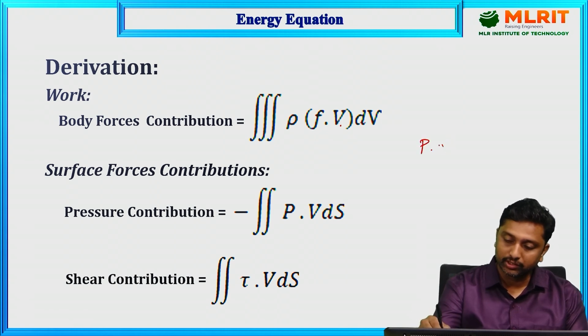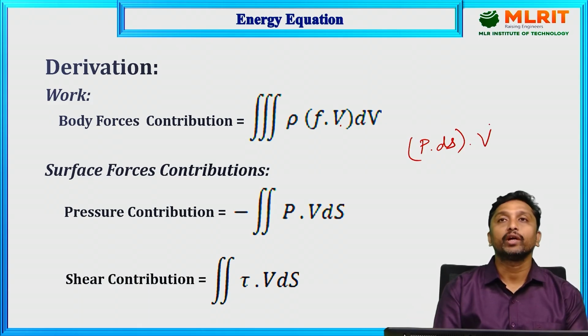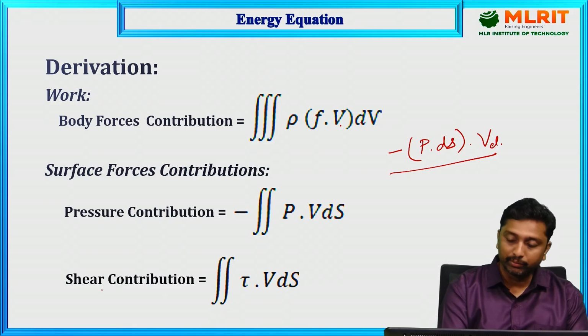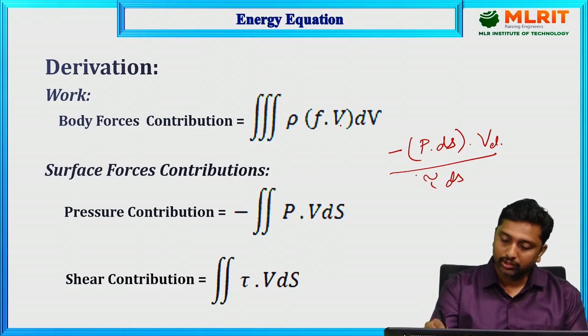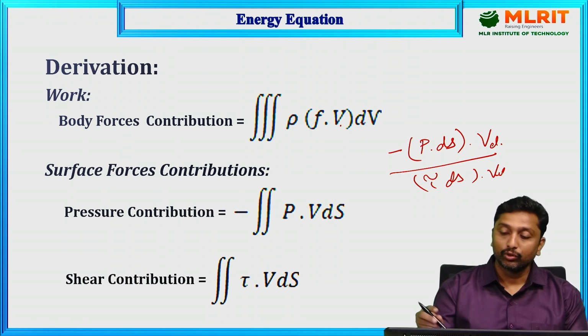Here the area is dS, and we multiply this with velocity to get work done contribution from pressure, which is minus P dS into V, where V is velocity. Similarly, shear tau dS into velocity. So this is the total work done.